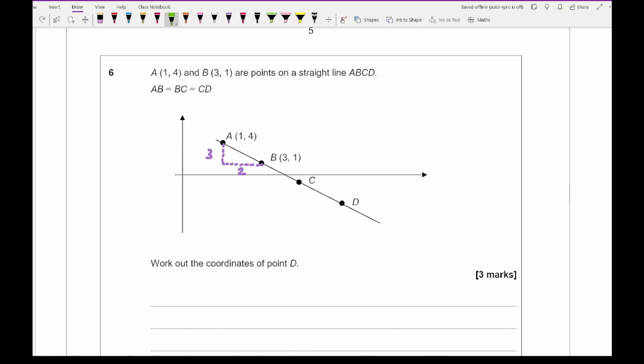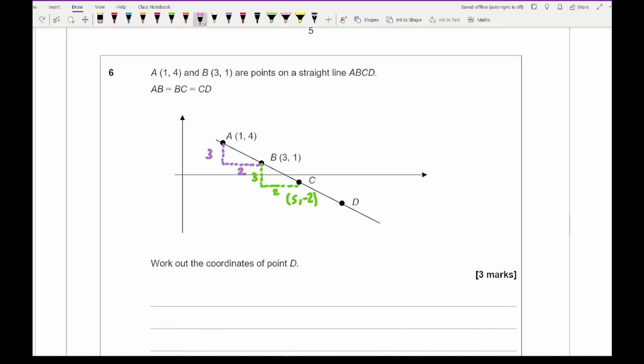So then if I do 3 down, which will give me minus 2, and then the y ordinate is going to be 2 across, so 3 plus 2 is 5, so that's going to be (5, 2).